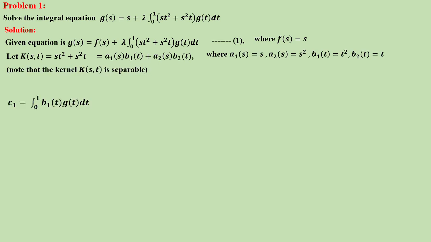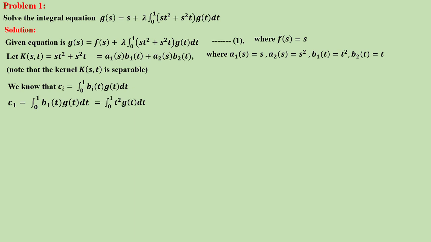Now let us take cᵢ, which is equal to ∫₀¹ bᵢ(t) g(t) dt, for our convenience.